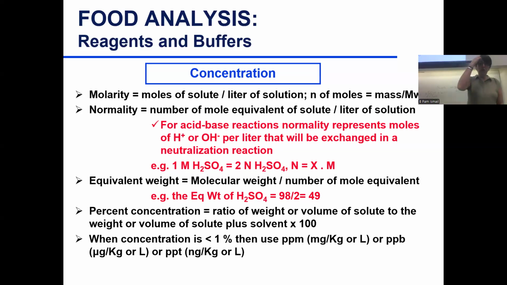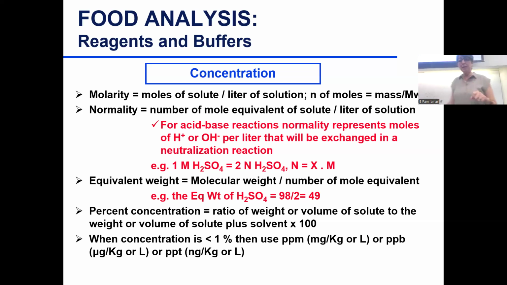Sometimes concentration is much more diluted. Like when we are doing caffeine, you have concentrations in parts per million. If you're doing a flavor analysis, concentration is maybe even parts per trillion or less.